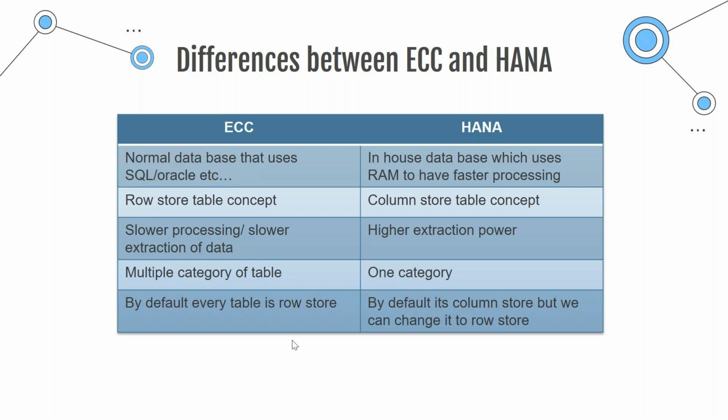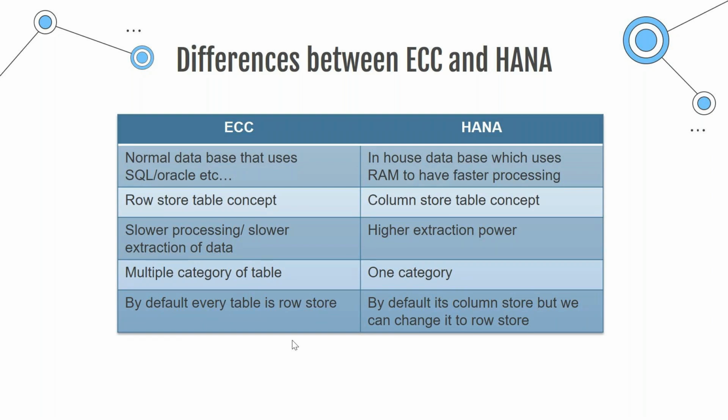So HANA database is created by SAP themselves. Whereas in ECC, SQL and Oracle are third-party databases. Oracle company has created their database, SQL has created their own database, right? But when it comes to S4 systems, it is HANA database created by SAP themselves.